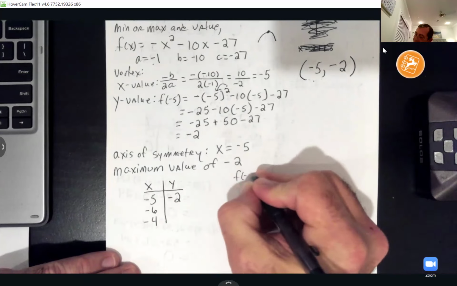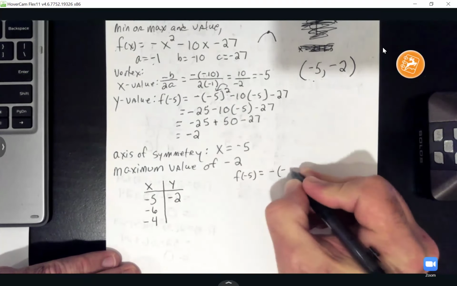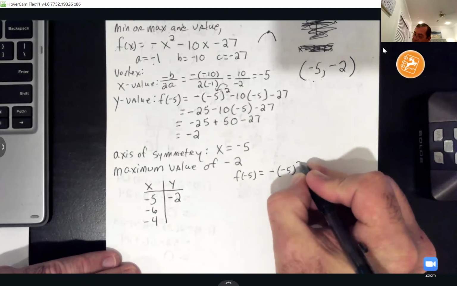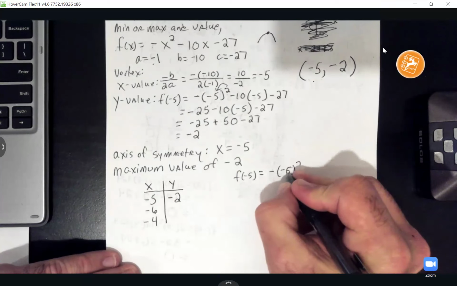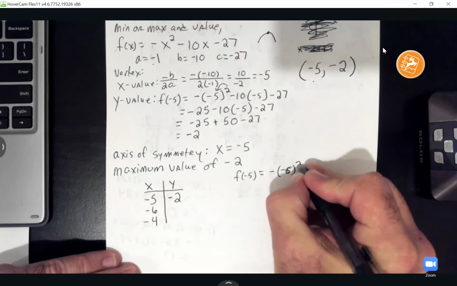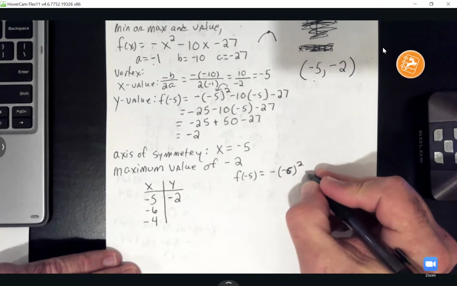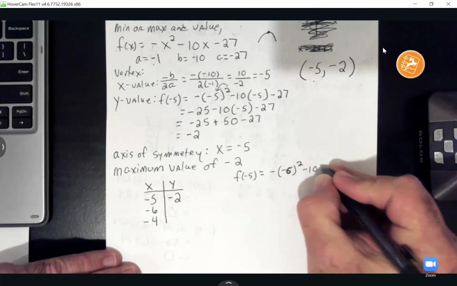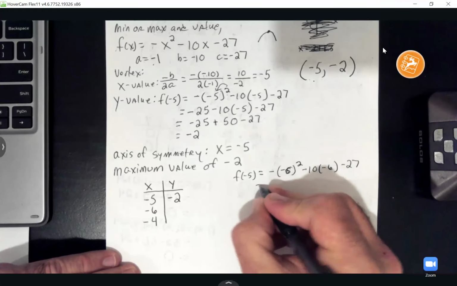So f of -6, my bad, not -5. So negative and then my -6 squared, minus 10 times my -6, minus 27.